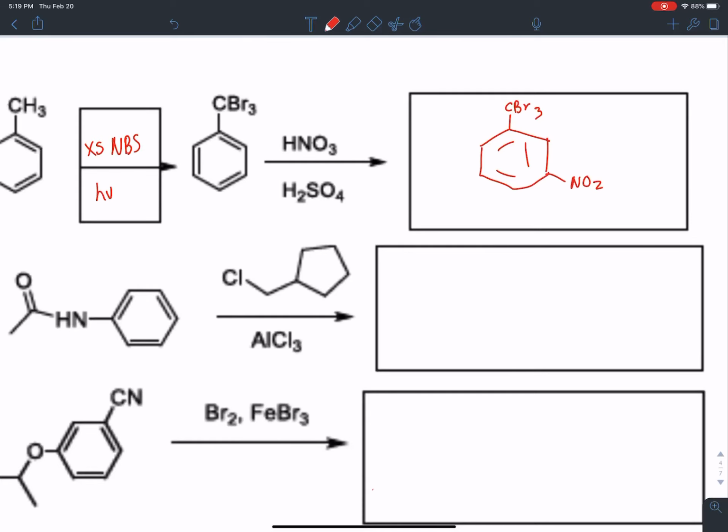There it is. Next one, we have the hindered nitrogen, and we're putting it through alkylation. Alkylation, the way we learned it, was going to do rearrangement. So I want you to imagine if the Cl just left, then you get a positive. And then you would do a hydrogen shift.